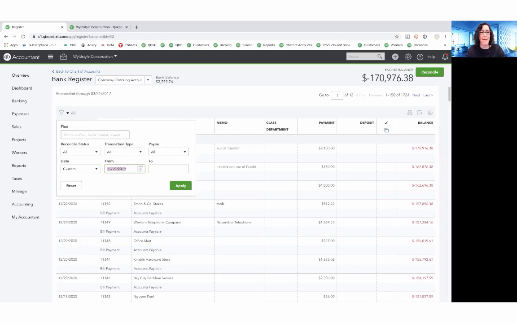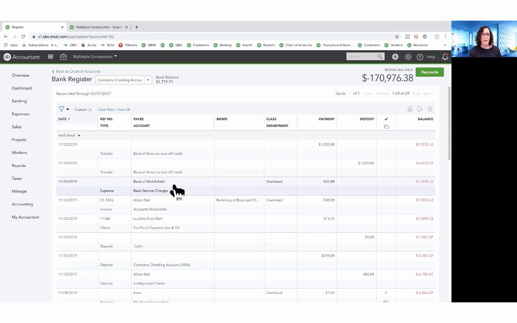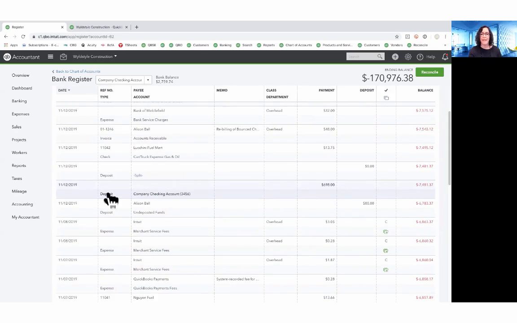I'm typing the letter M, and that takes me back to the beginning of the month. T for today. So this is just going to run charges for the last few days. And now here is the $698 that came out of my checking account because my refund was bigger than my deposits for the day. So that's how to make a negative deposit.